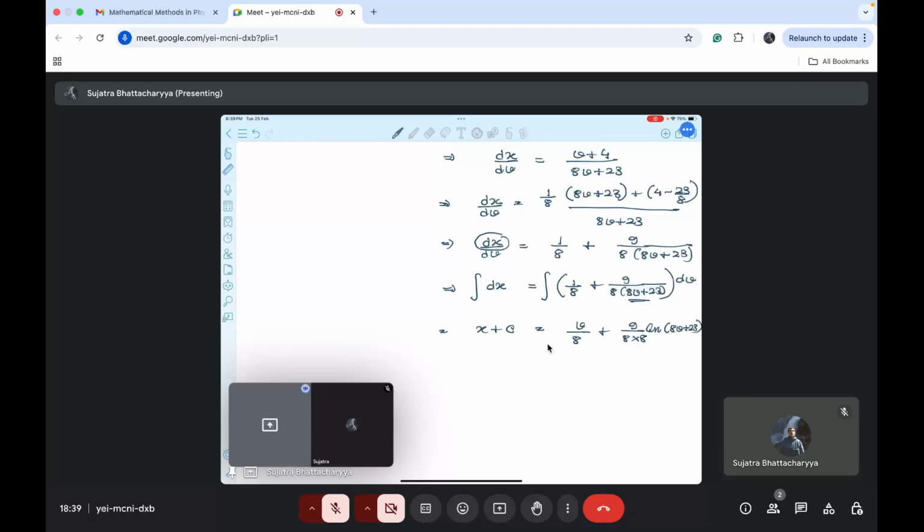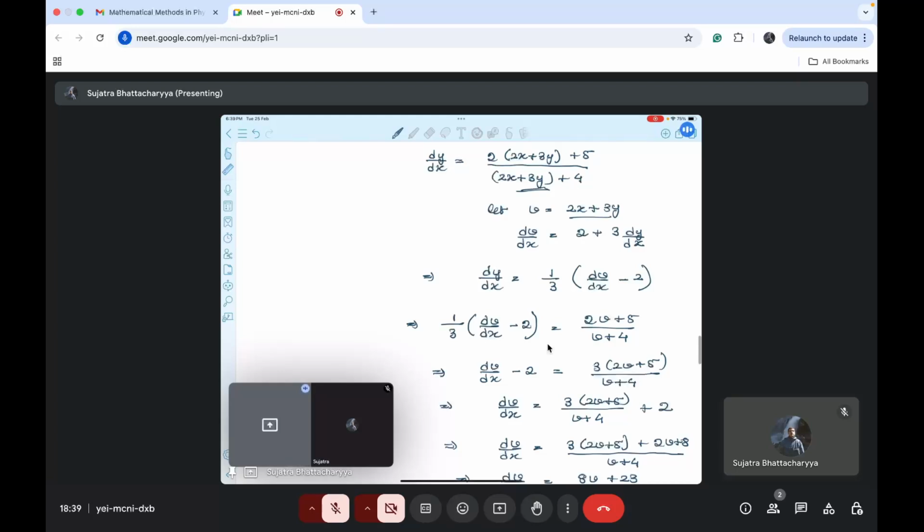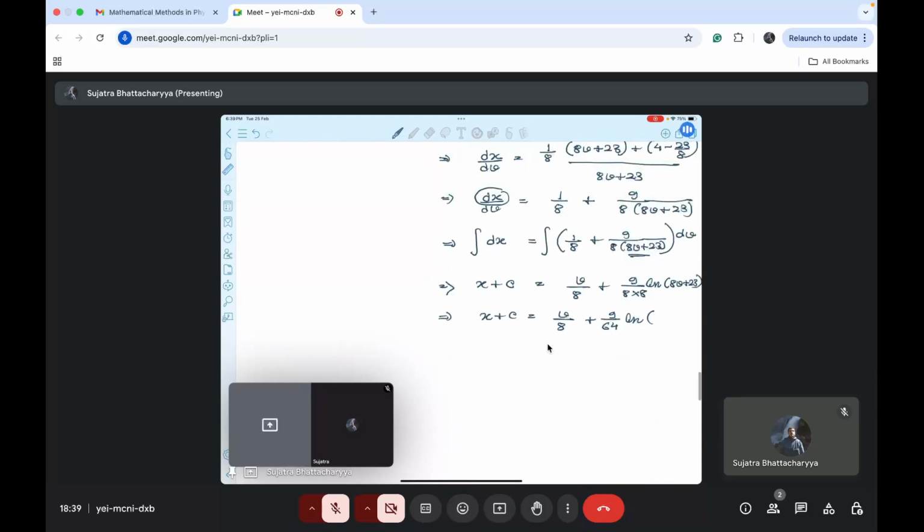All right. Further, solve it. x plus c becomes V by 8 plus 9 by 64 log of. Now for V, I will put in this thing, 2x plus 3y. And once you do everything, you get 16x plus 24y plus 23. That's all.